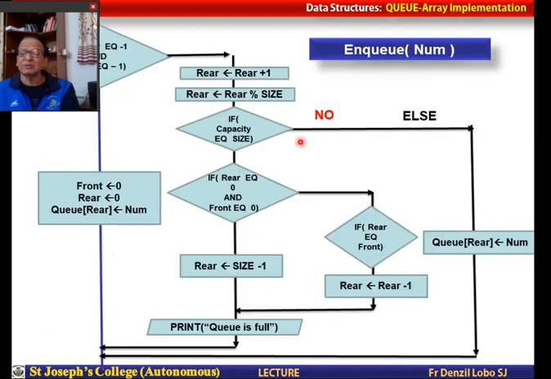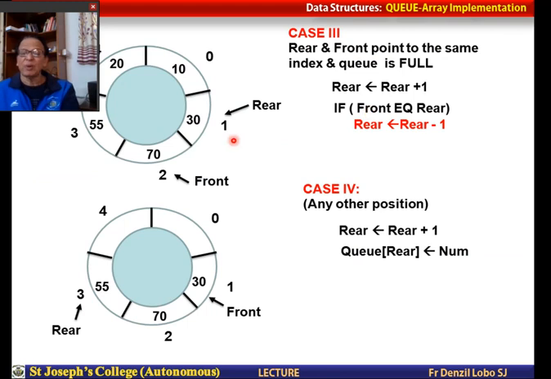Rear becomes rear plus 1, 2. So both of them are equal, front is equal to rear. Then again I decrement the index rear by 1. Again I go back. So I brought it to 2, I am going back to 1, to say that the rear index is 1 and the Q is full. That is a message I am going to pass.